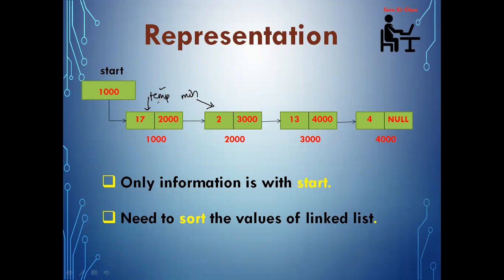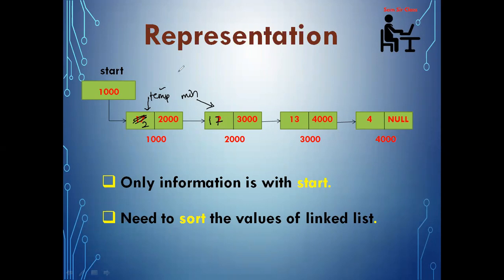So I need to swap the values of temp and min, so that now the first node will contain the smallest one. So 2 will come here and 17 will go there. In the first round of iteration, the first node gets the minimum value.